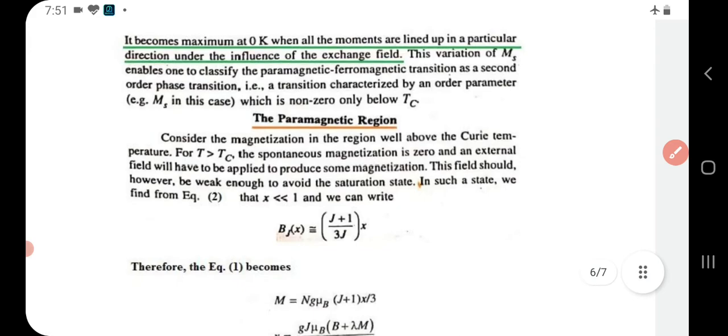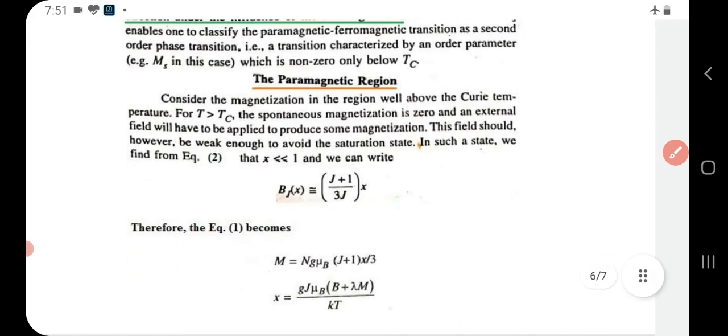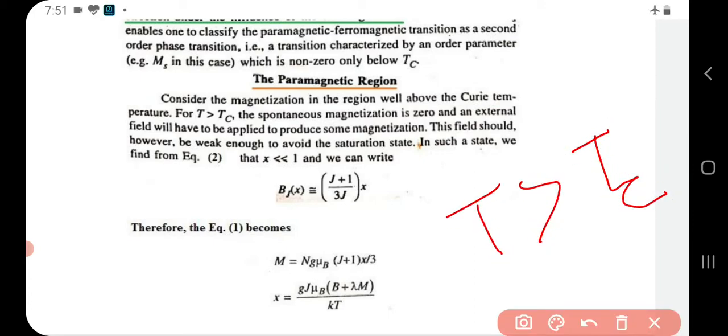Then let us discuss briefly the paramagnetic region. Consider the magnetization in the region well above the Curie temperature. Spontaneous magnetization, or ferromagnetism, exists below the Curie temperature, right? When the temperature is increased above the Curie temperature, that is when T is greater than Tc, you will have the paramagnetic region, or the ferromagnetic material will become paramagnetic.